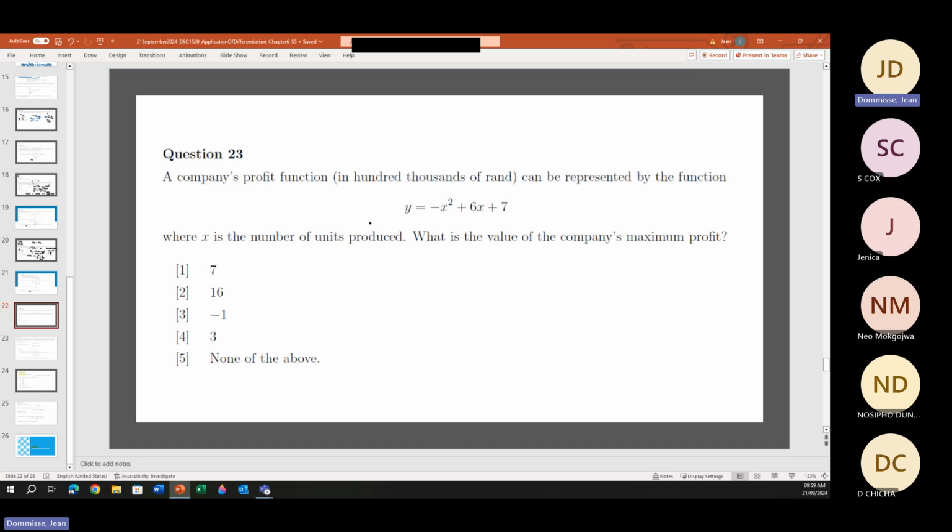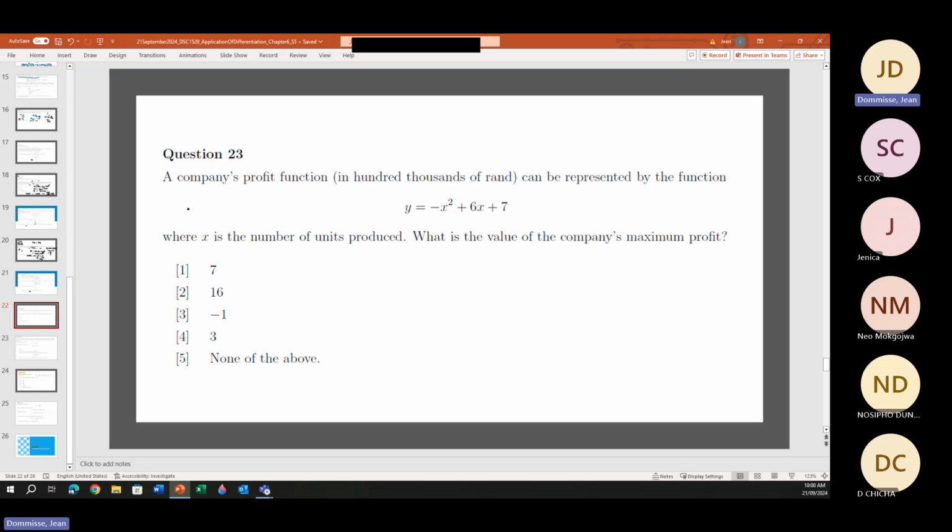I think some of these questions I also included last week to just show the practical aspect of differentiation. So again, very important that we can link the two together.